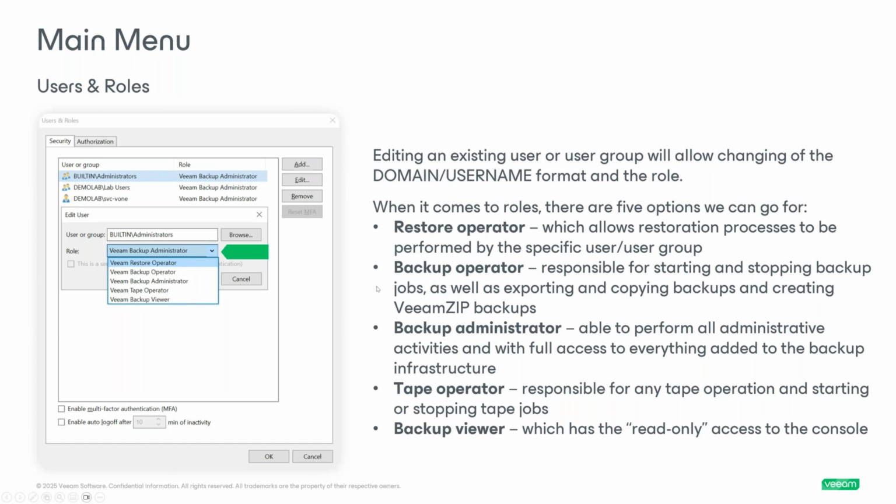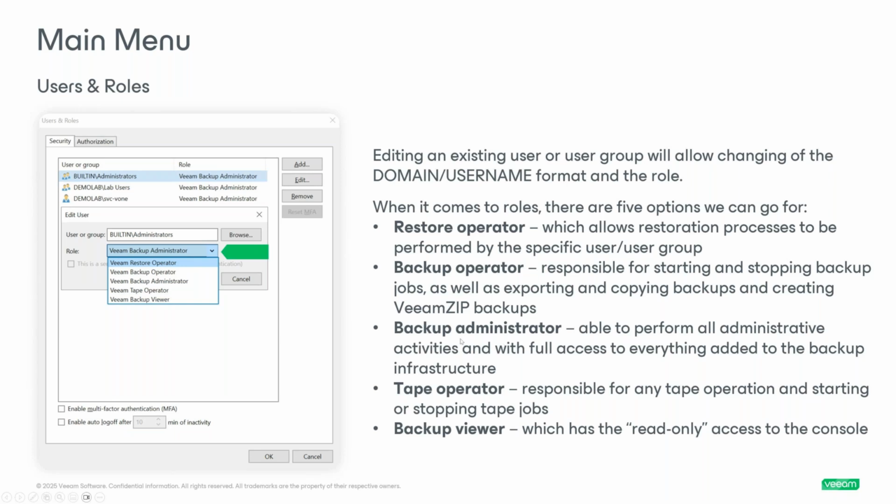The restore operator can restore things on the Veeam Backup Replication server. The backup operator can create backups, and also do things like Veeam zip backups, which I'm going to explain in a little bit.